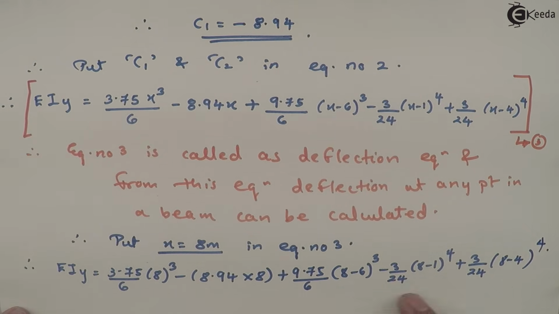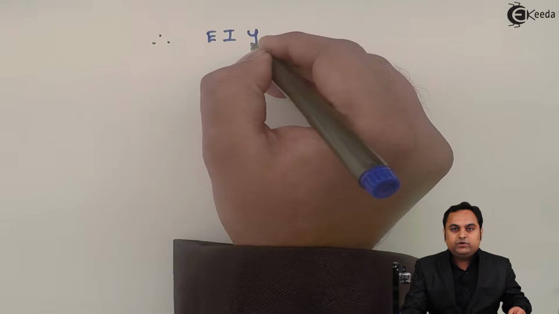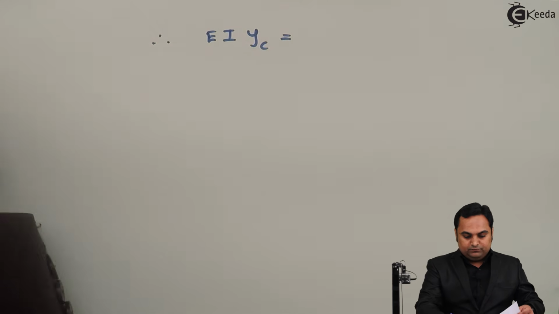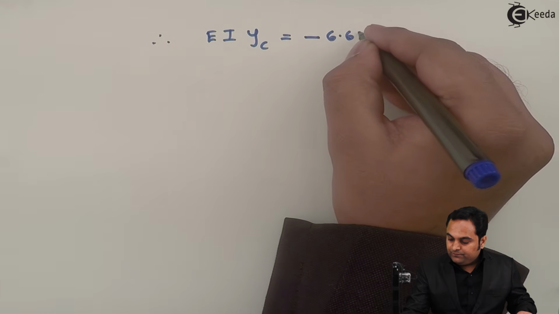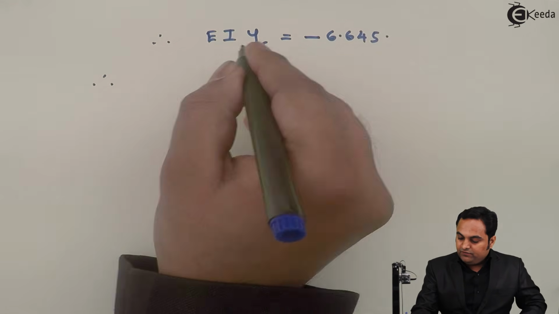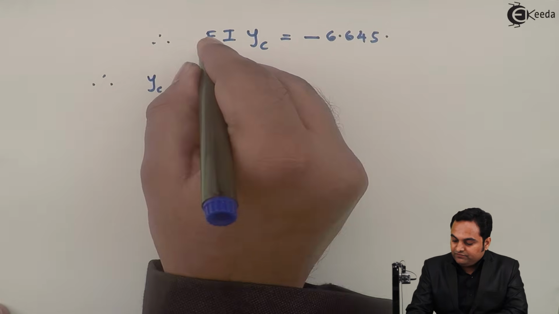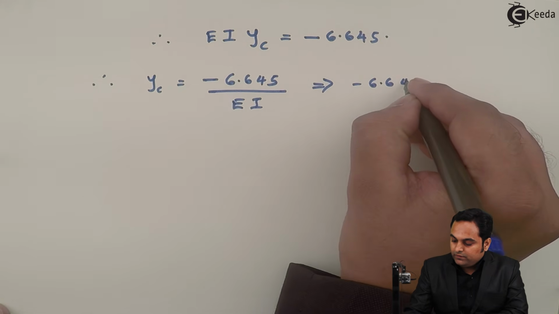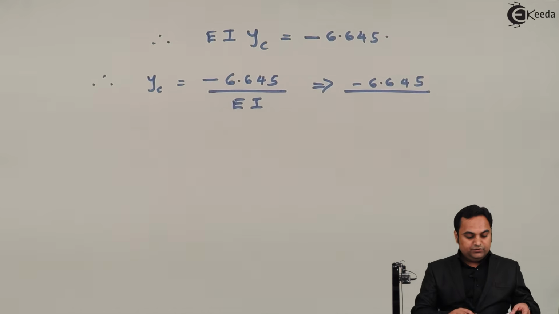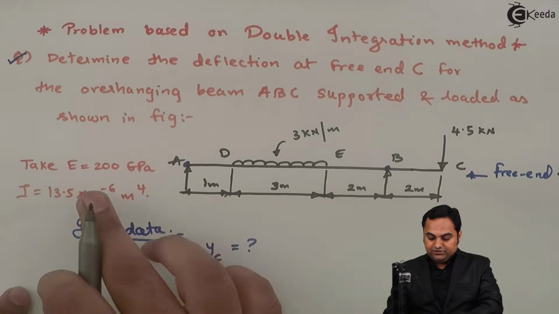So on calculating this throughout, I am getting my answer of EI into y suffix c, because we are finding it at point C, minus 6.645, and here we want y suffix c. So I'll shift EI into the denominator. Now in this problem, E value is given, that was 200 GPa.